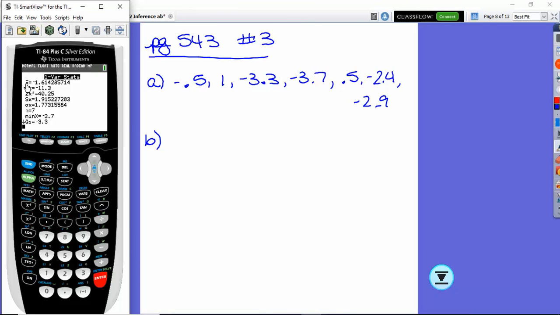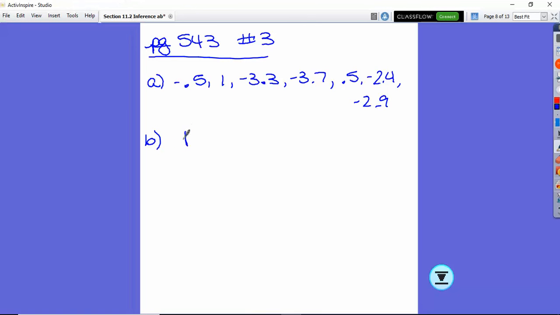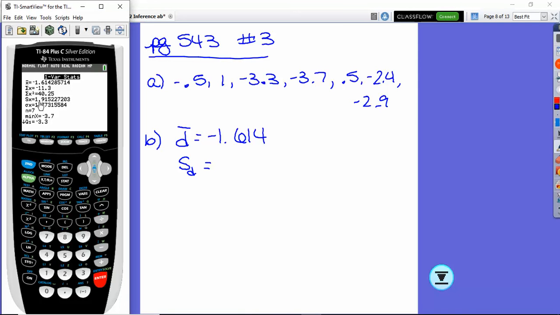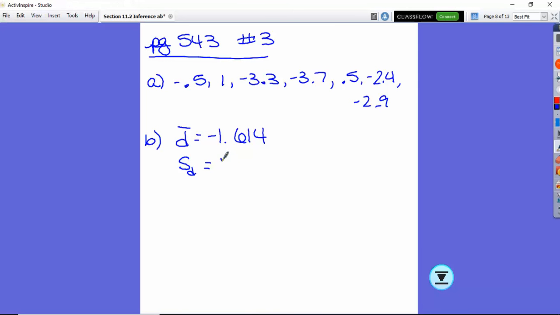So D bar, that's just the mean of the difference. So that's my negative 1.614. My standard deviation of the difference was 1.915. Did everybody get that? Yeah, go to calculate and then change that to L3.